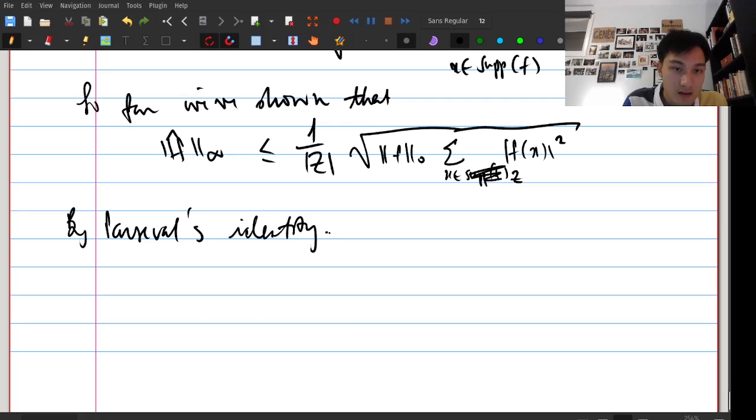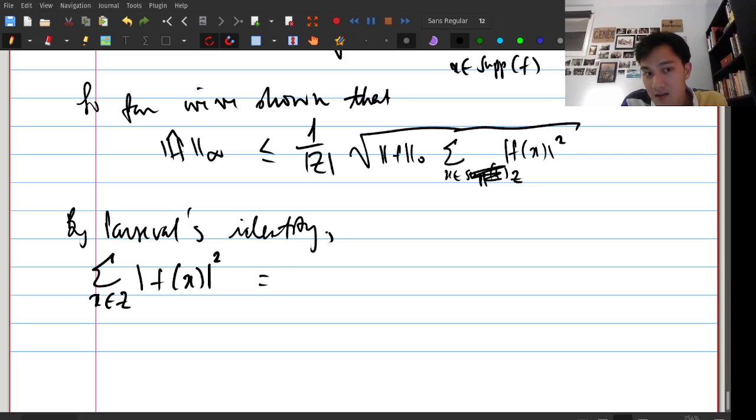The reason we take it over all of Z again is that in Parseval's identity we need the whole of Z. So the sum of |f(x)| squared, the norm of f of x squared is f of x times f of x bar, that's how complex numbers work.